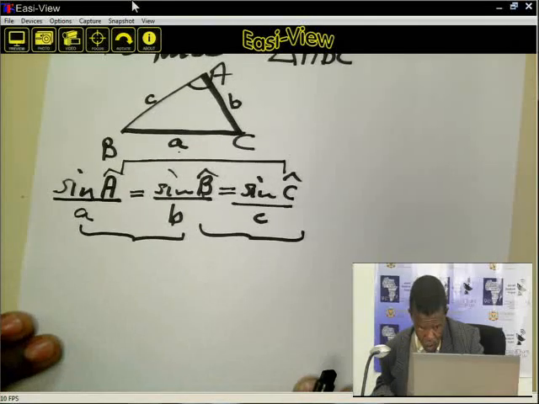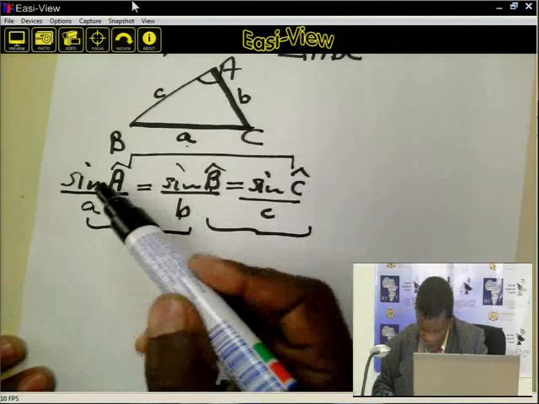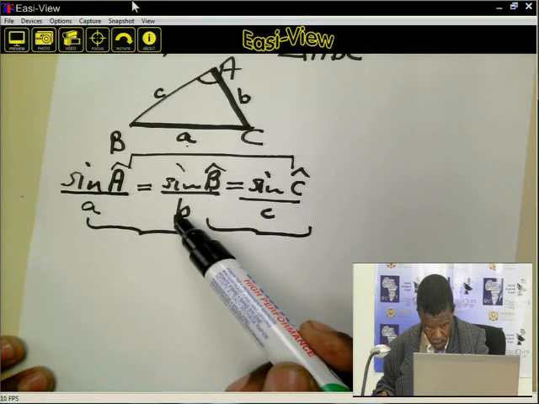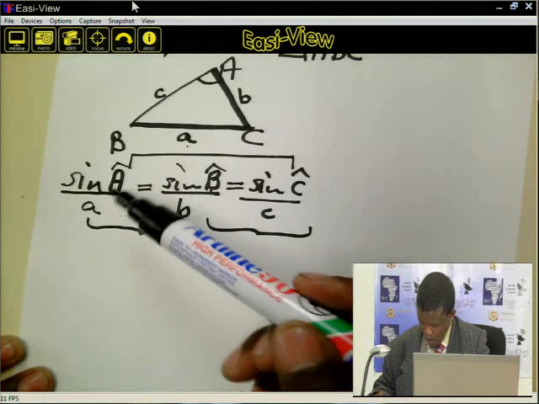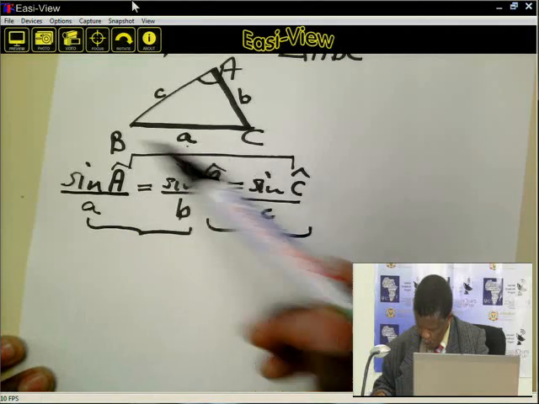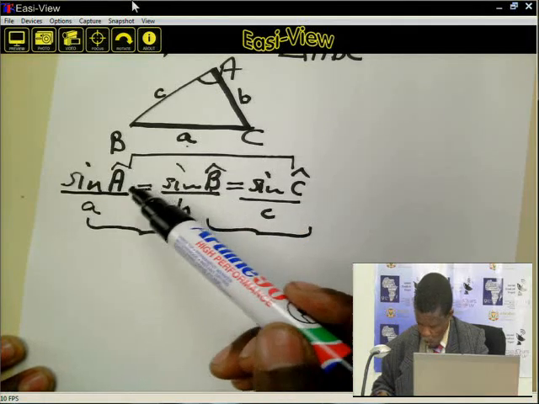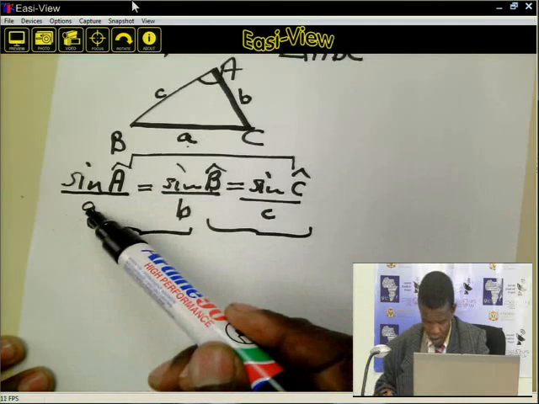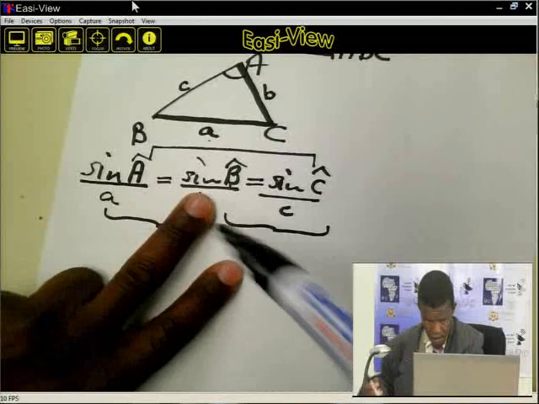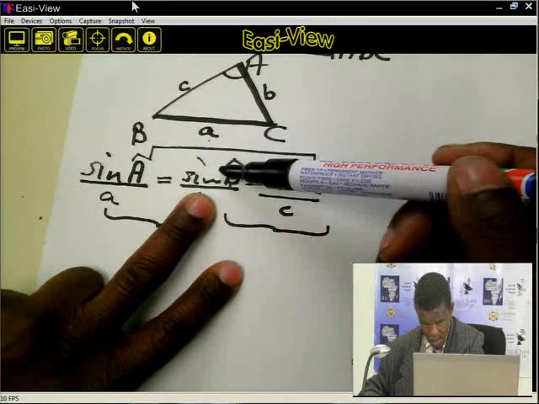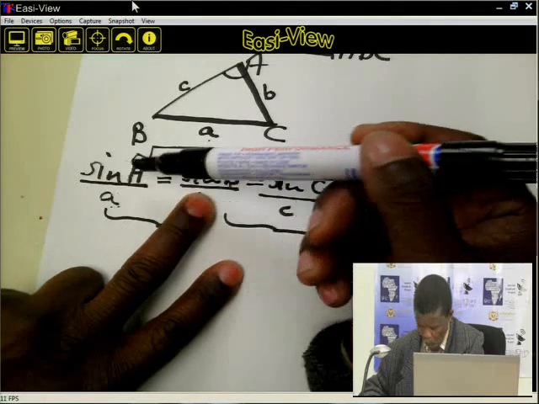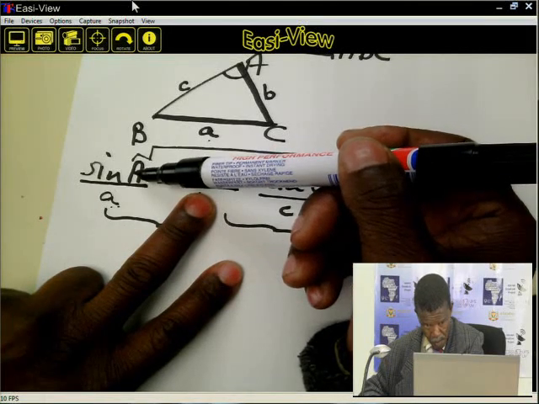But what do you notice? You have 1, 2, 3, 4 variables. So, 2 angles, 2 sides. In order to solve using the sine rule, you must have 2 of the same kind and 1 of the other. If you have 2 angles, let's suppose you are looking for B. You'll have 2 angles, and the side that is given must be opposite one of the angles.